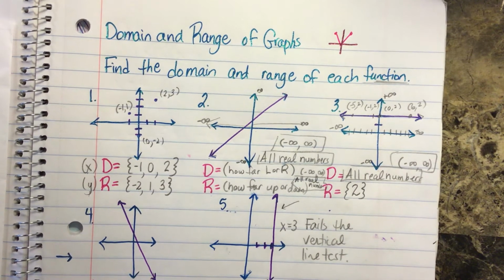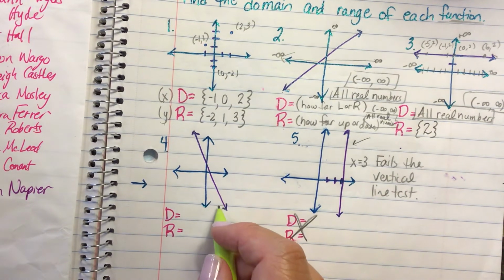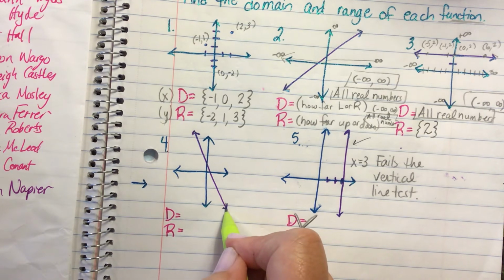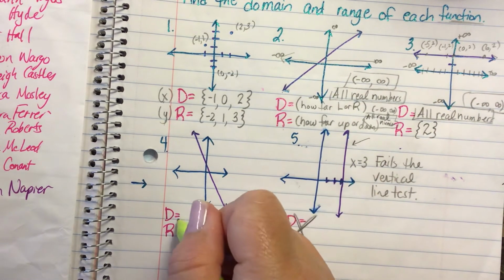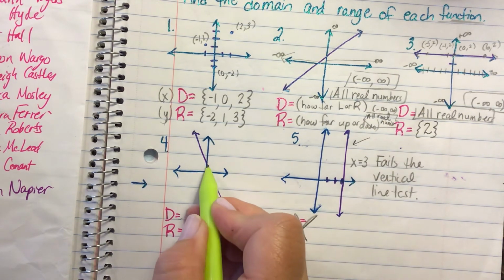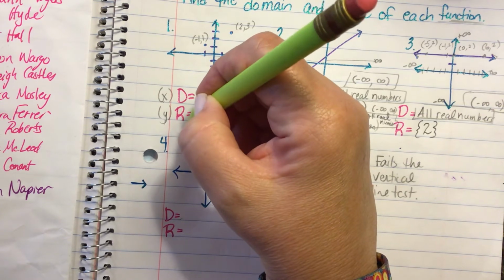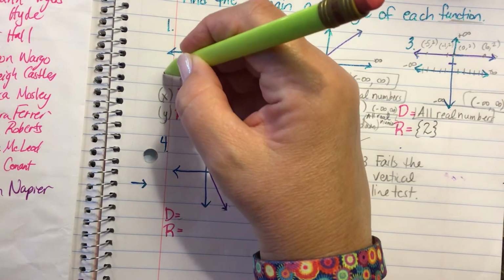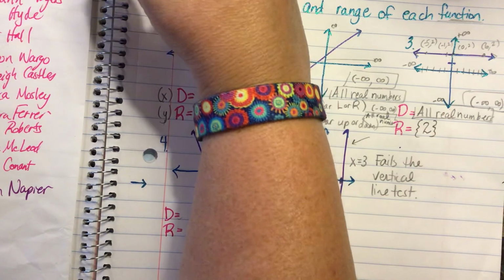Okay, let's move on to the next one, and that'll be all for today. For this one, does it change when your graph has positive slope or negative slope? Domain is how far left or right. How far towards the left is this graph going? It's going to rise to the left, up and to the left forever.